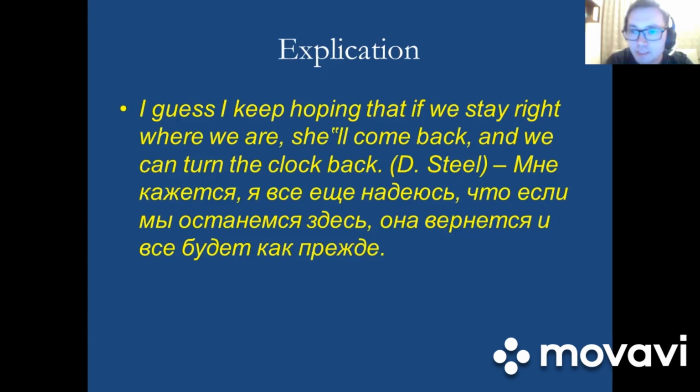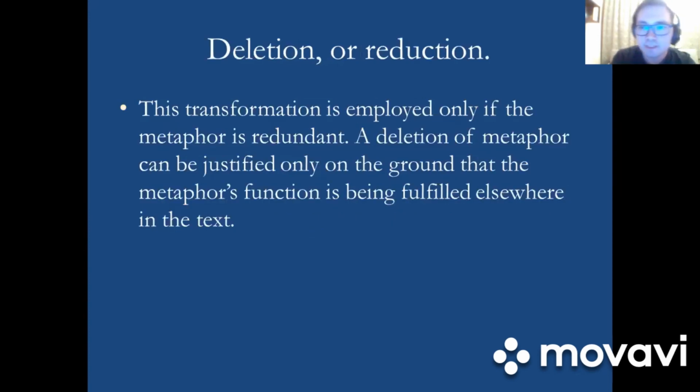So we cannot do that because in Russian we do not actually have a metaphor with the same meaning. So that's why the author of the translation decided to use explanation of the meaning of the metaphor.